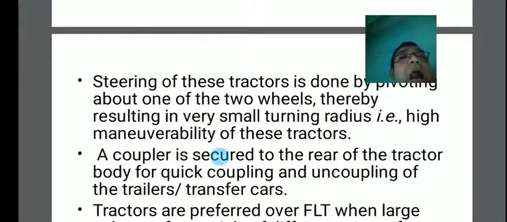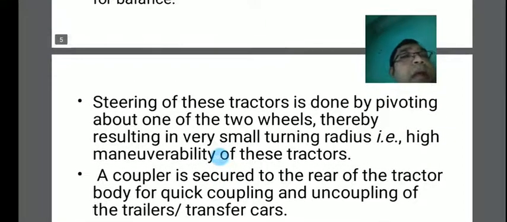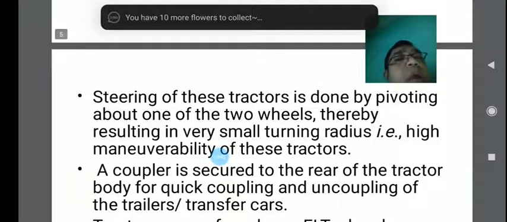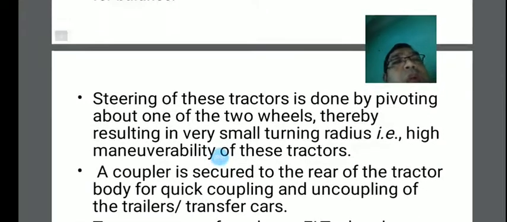That is the high maneuverability of these tractors, which helps in movement from one place to another place.